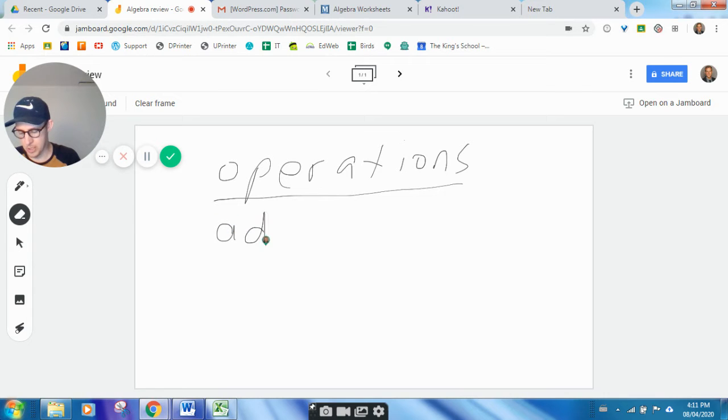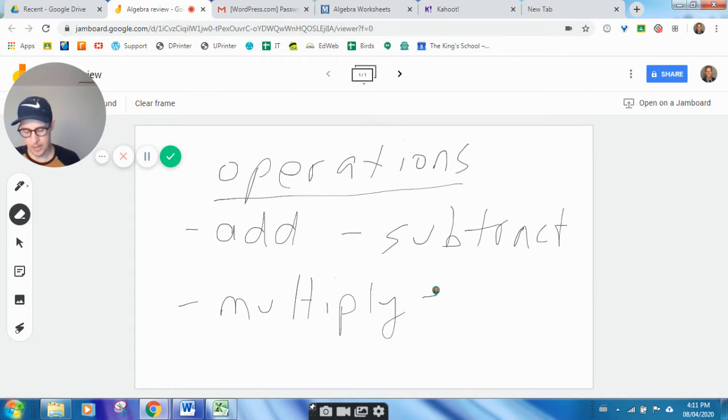So the four main operations that you need to know, and you need to know what this word operations is referring to, are adding, subtracting, multiplying, and dividing. Okay, I want you to write that down. I need you to understand what these things are. And it's also important that you know that these things here are opposite.